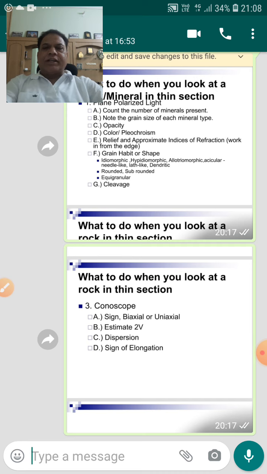So likewise we have classified the minerals on the basis of optical properties into isotropic and anisotropic.